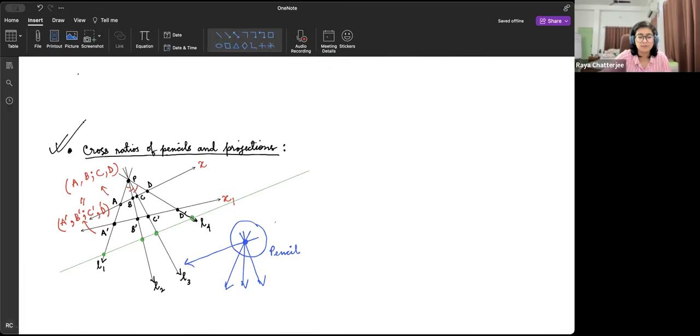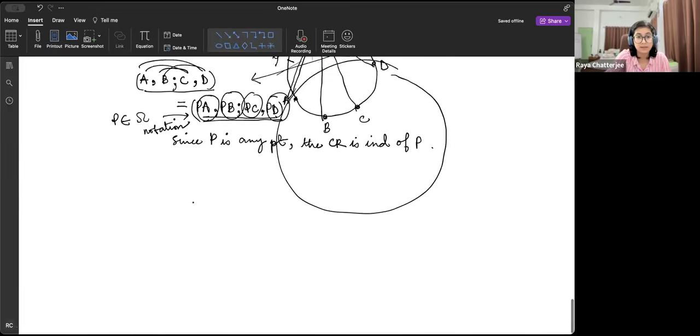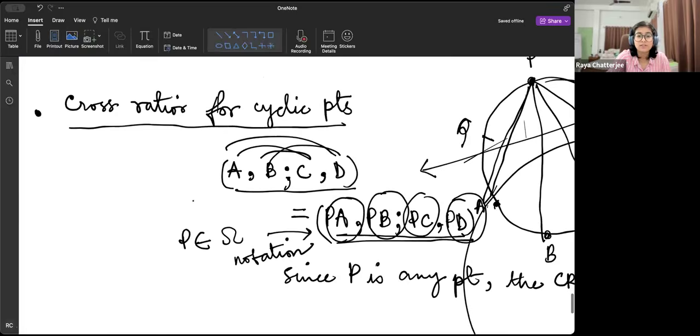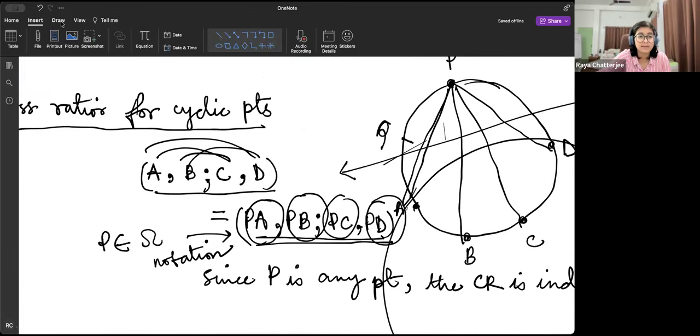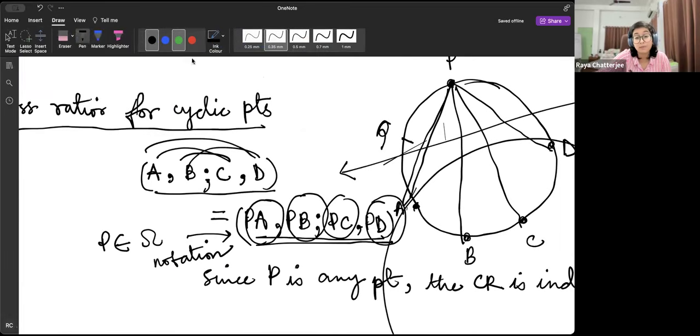So take any transversal, it doesn't really matter. But in essence, the cross ratio of the cyclic points A, B, C, D is always going to be equal to the one we said before, which is AC by CB over AD by DB. But we are taking the transversal to be able to see it in terms of perspectivity. And this PA, PB is only a notation thing that's going on. I should have clarified it. So good point.